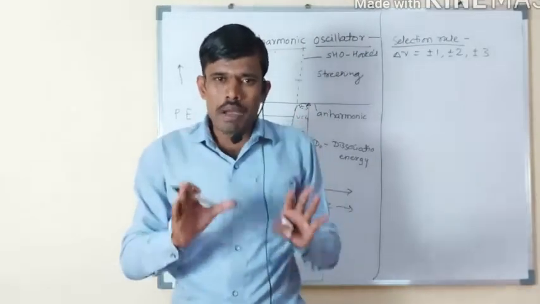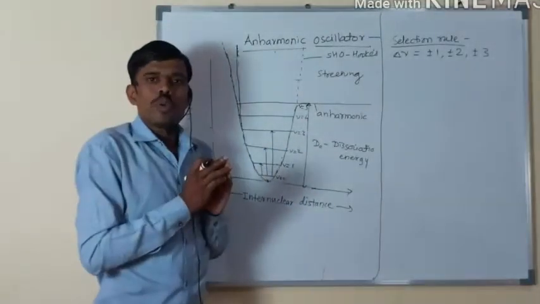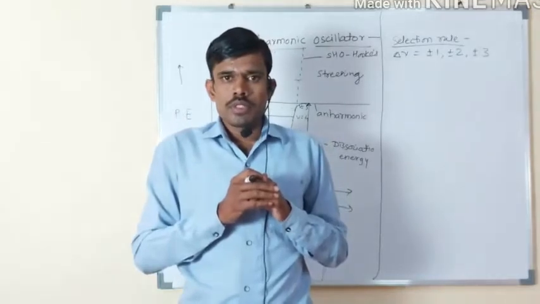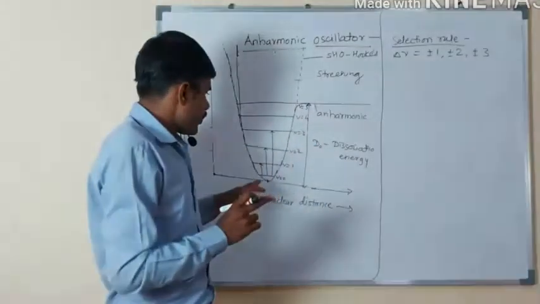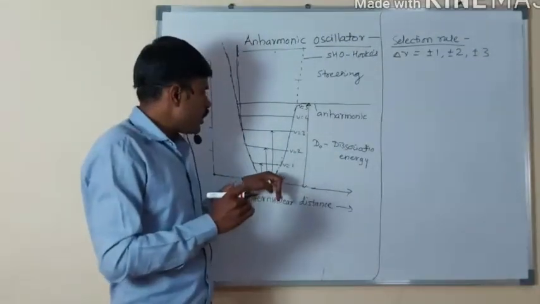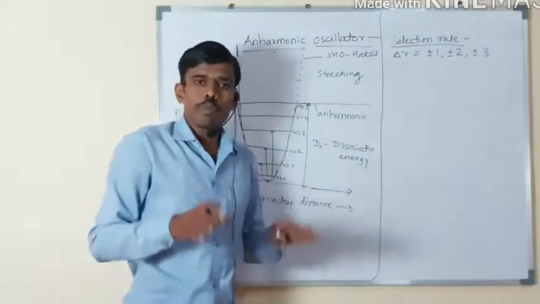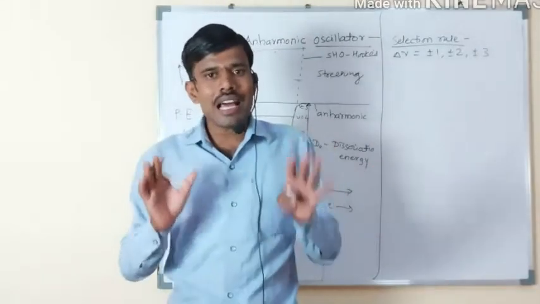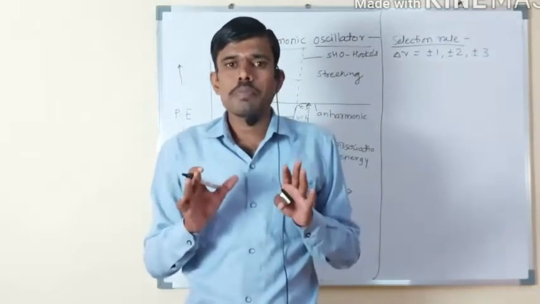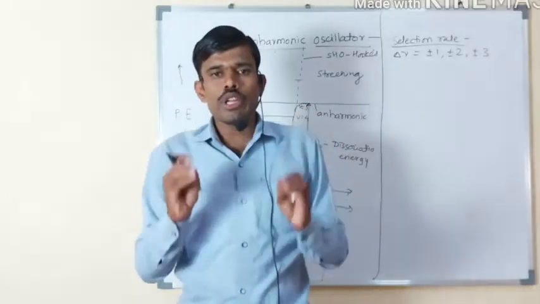So the maximum number of molecules are present at the V equal to 0 state. So the transitions from V equal to 0 to V1, V equal to 0 to V2 and V equal to 0 to V3 are allowed as per the selection rule and as per the probability of finding molecules.